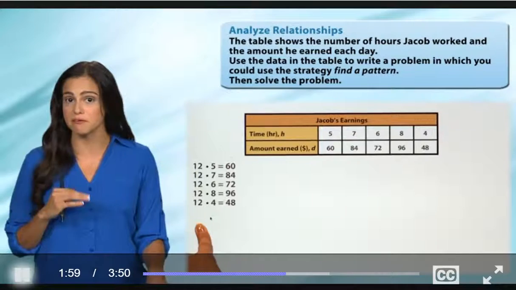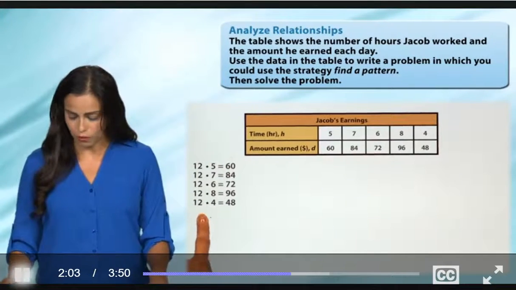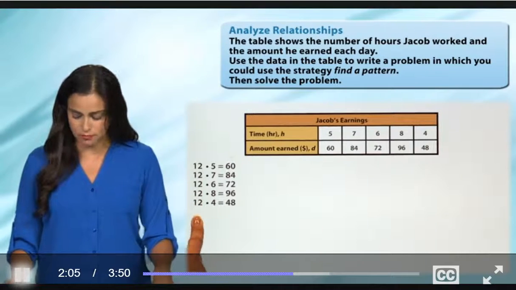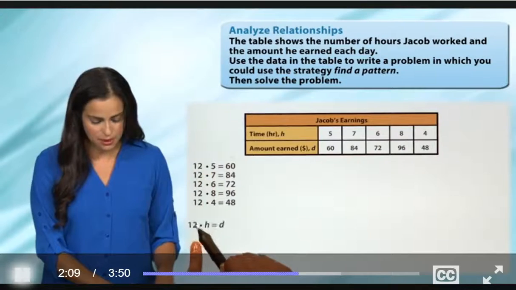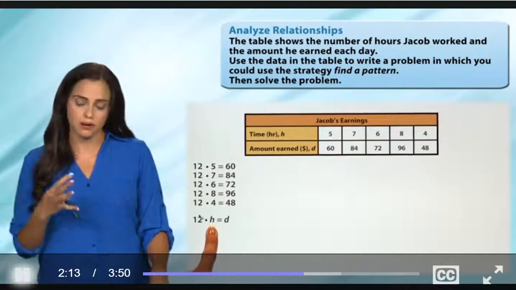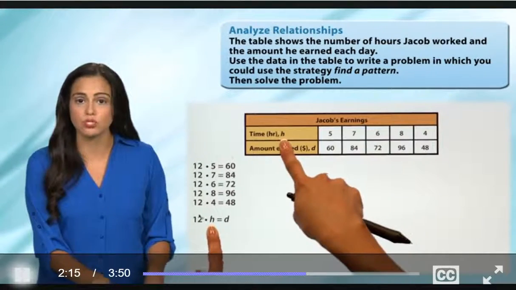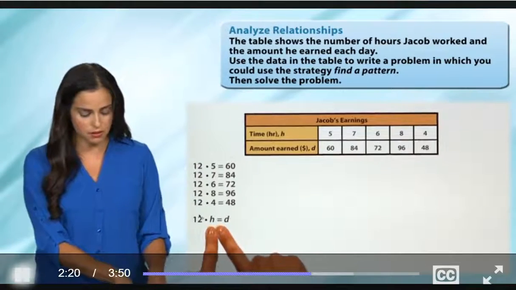And now we are ready to write a formula, now that we found the pattern. Well, we're multiplying 12 each time, so $12 per hour that he earns, times the number of hours that he worked for that day. Now, that varies, so we want to use a variable, and they're telling us that the variable is h, so they're already giving us the variable.